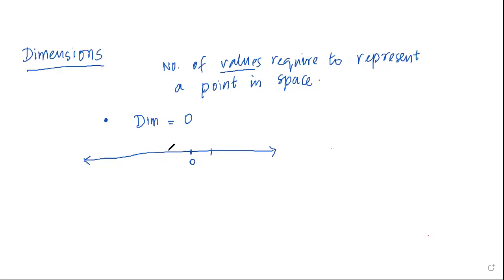And on the negative side, I name them with the negative real numbers. So for any point on this space, I need one value. That's why we call that the dimension of this line is 1.